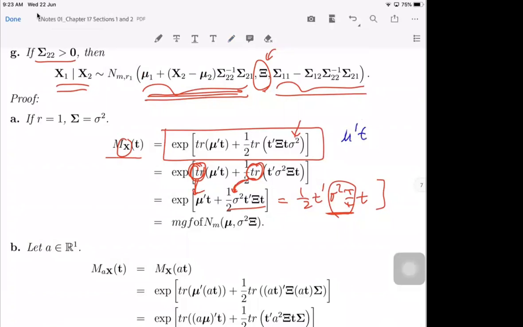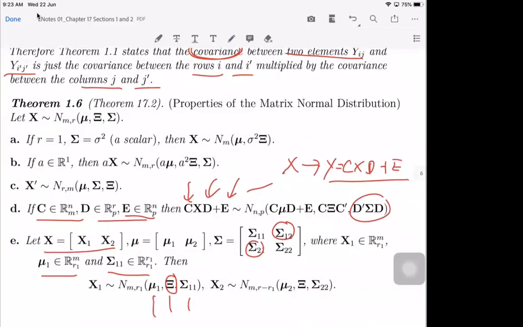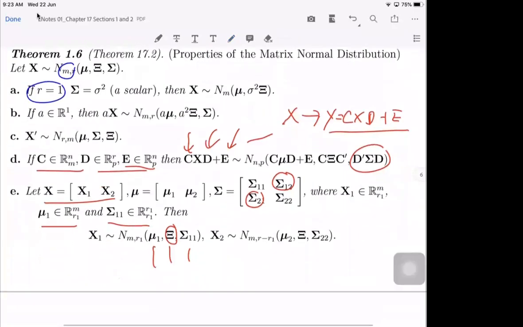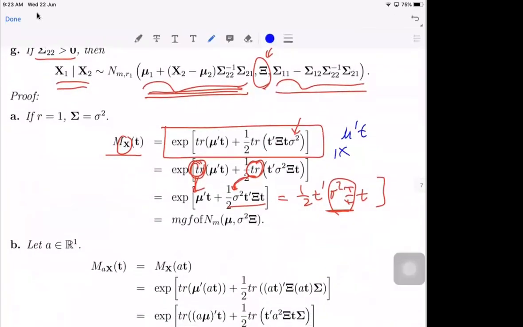So you know that the dimension is originally m by r, but then again, we let r be equal to 1. So the transpose will be 1 by m, and t is m by 1. So this is just 1 by 1.